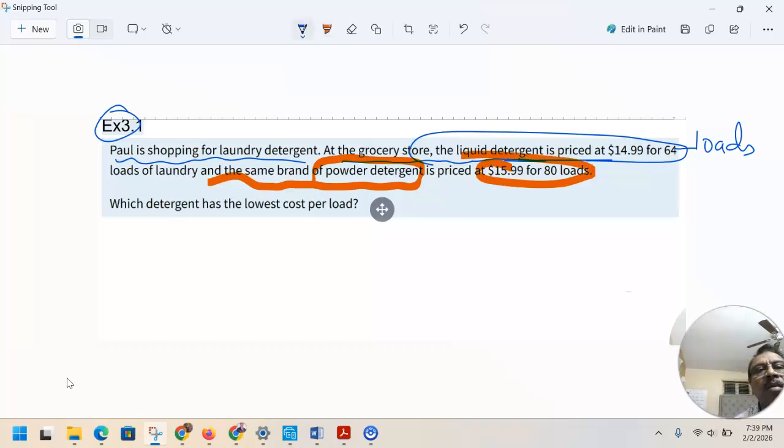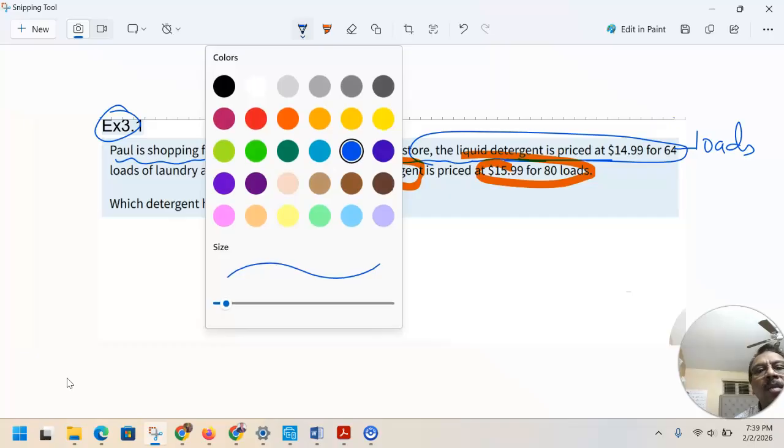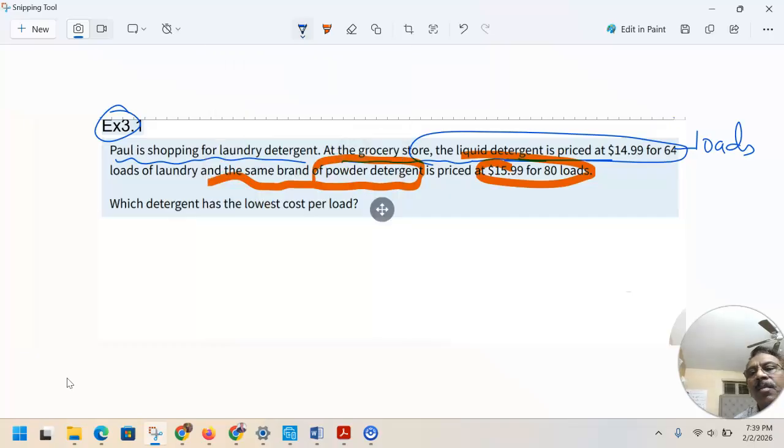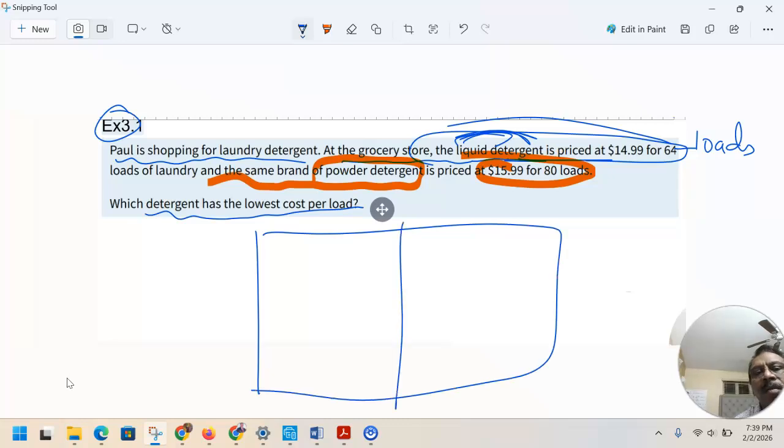What you want to know from here is which one is the cheapest per load. So which one are you going to buy? Are you going to go for liquid detergent? Which detergent has the lowest cost per load? We need to figure out each one. You can divide this into two parts: that's what you're doing for liquid and for powder.